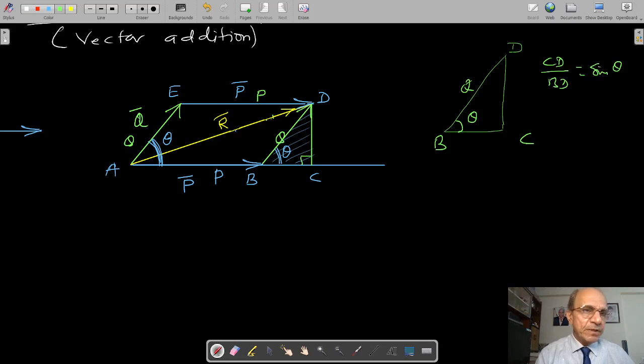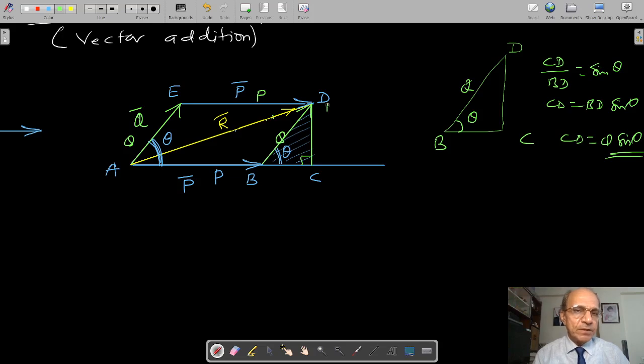The perpendicular divided by the hypotenuse is sine theta. The opposite side divided by the hypotenuse is sine theta. Therefore, CD will be equal to BD sine theta. What is BD? BD is equal to Q. Therefore, CD will be equal to Q sine theta. Is it clear? CD will be Q sine theta.